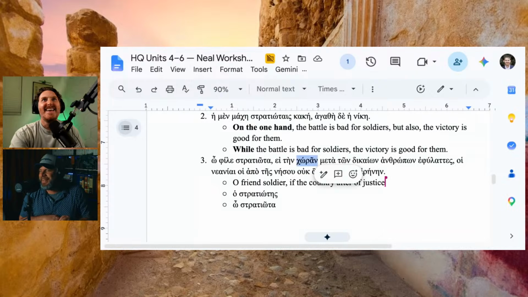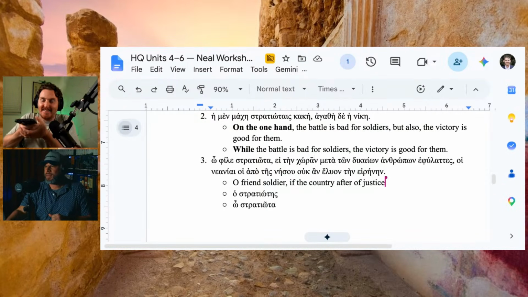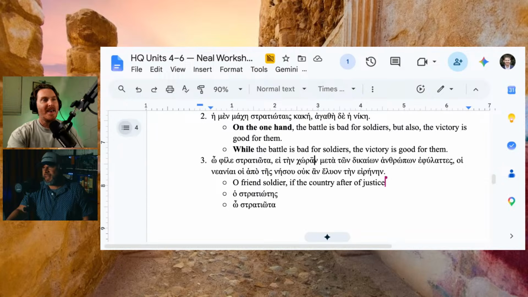It's because the textbook does that. It's got the long alpha. The way I got this text into the Google Doc was I scanned the page with my phone and used Google Translate to process the text. Google Translate thought that was a circumflex, but it's not. We know that it's a long alpha.